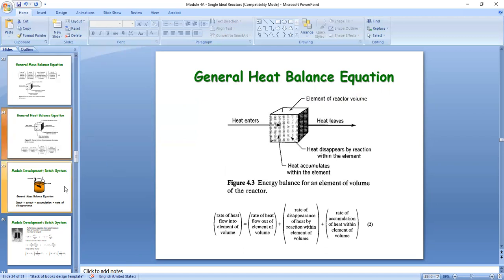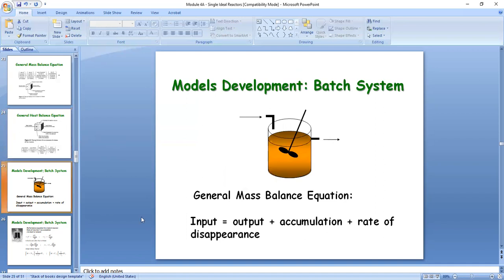Okay? Now, when we go to our batch system, we're going to look into each of our systems and write down our performance equation for that particular system. So this is our batch system.